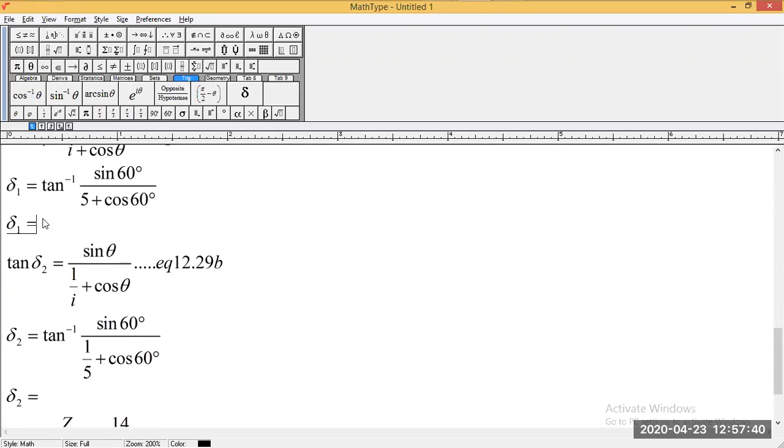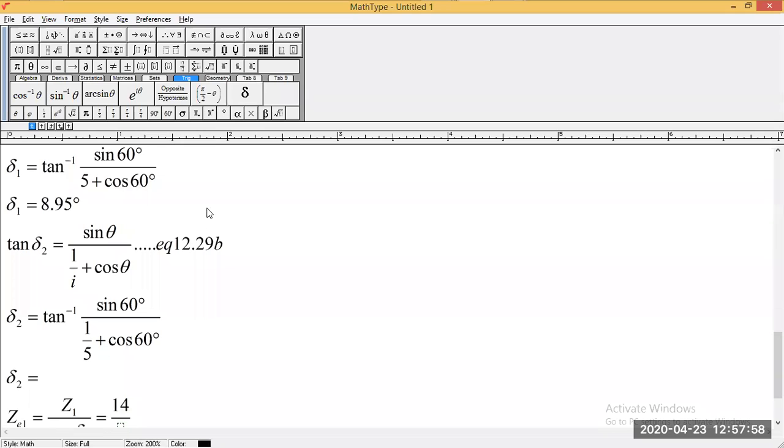Okay, let me check. 960 over 5 plus cos 60, and tan inverse of that. I have 8.95 degrees, so you can check the answer.